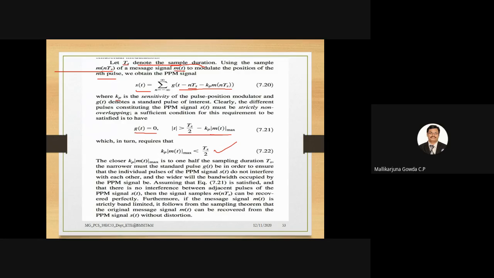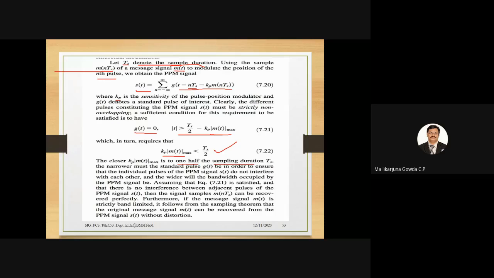So what we find by observing this equation is that Kp times the maximum of m(t) should be less than half the sampling duration, Ts by 2. This means the smaller the fraction of the sampling duration, the narrower must be the standard pulse, so the width of the pulse should be less than half of the sampling duration. This ensures that the individual pulses of the PPM signal do not interfere with each other.